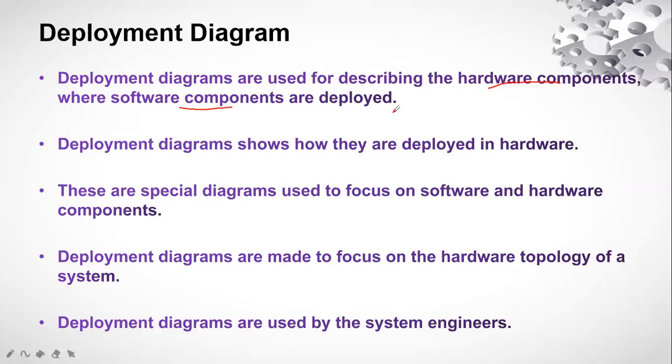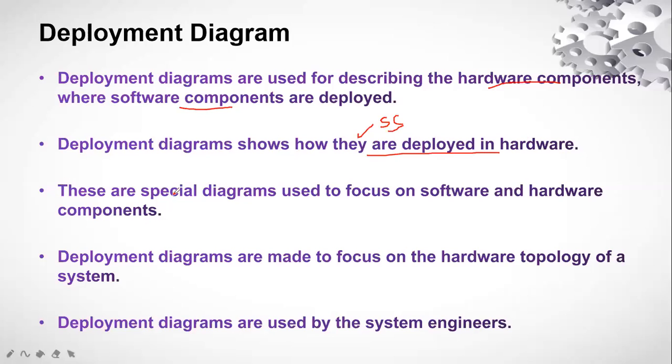That process is called deployment. Now the deployment diagram shows how they are deployed in the hardware. When I say they, I mean the software components. So this deployment diagram is going to help you show how these software components are being deployed in hardware.